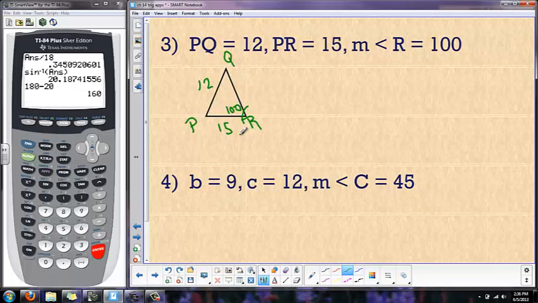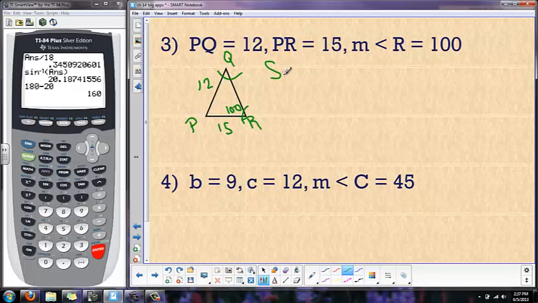Okay, so if I'm doing law of sines, the sine of this angle divided by that side is equal to the sine of this angle because it's across from that side. So you've got to figure out which angle you're using. So let's see.